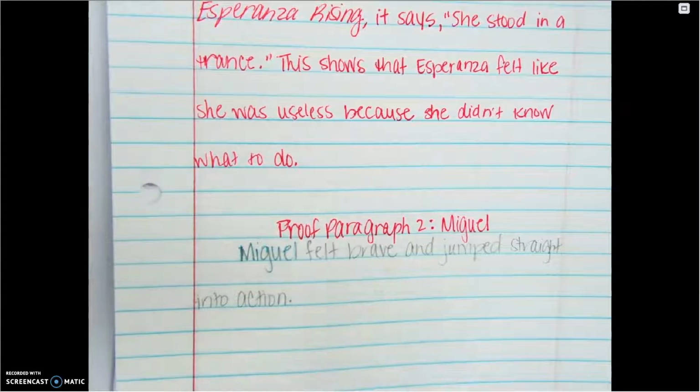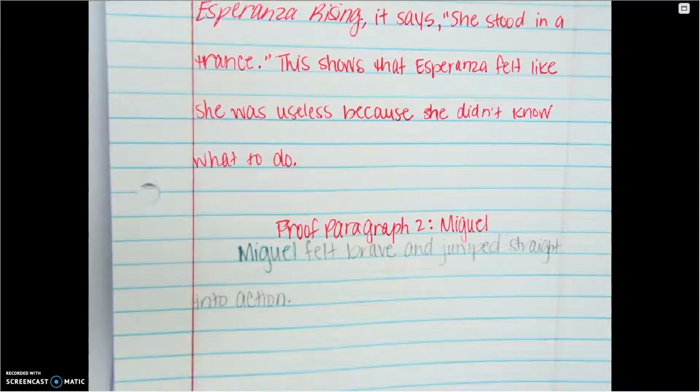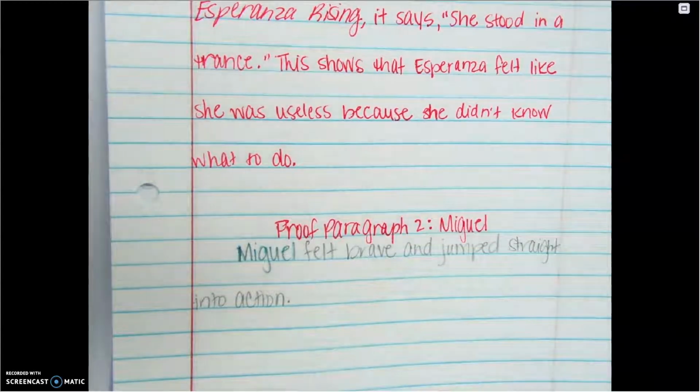And you can flip to the back if you need to, because I know that some people are already ready to move on to the back. So at this point in time, you should have skipped a couple lines. You should have written proof paragraph 2 and then your person's name. Where's your proof paragraph 2? Where does it say?